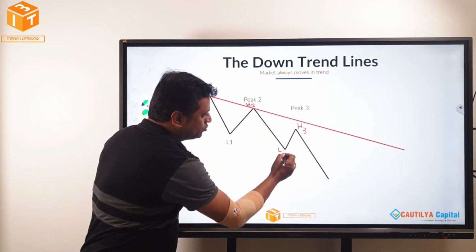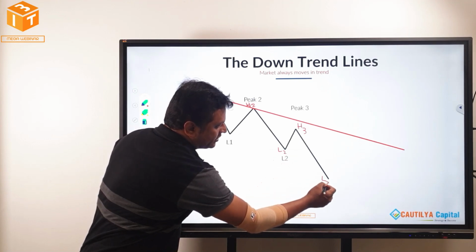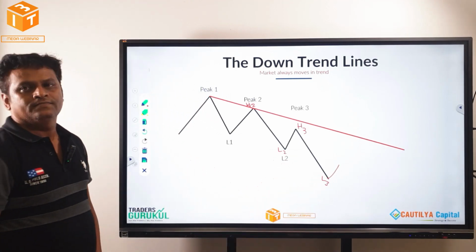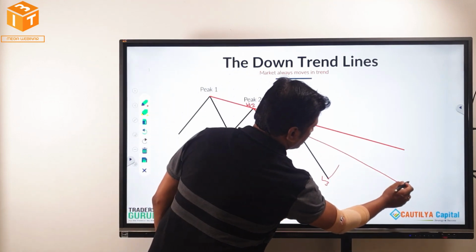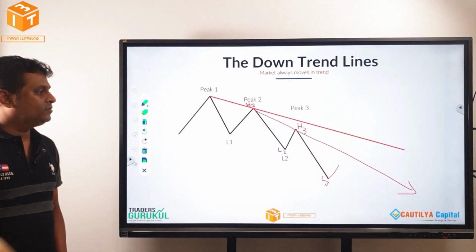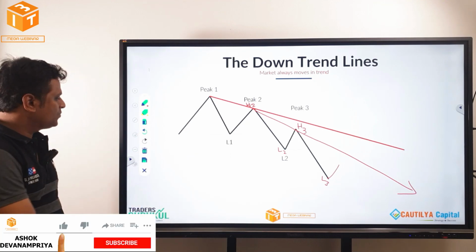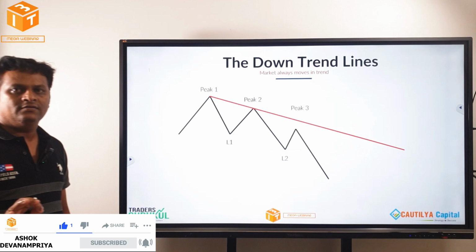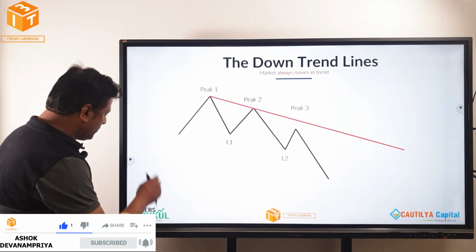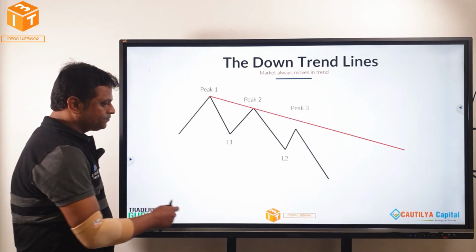Second, your L2 should be greater than L3. So when this happens, you can draw that trend line. Is that clear, friends? Very simple again. 3 simple rules. Now let's get into some examples.